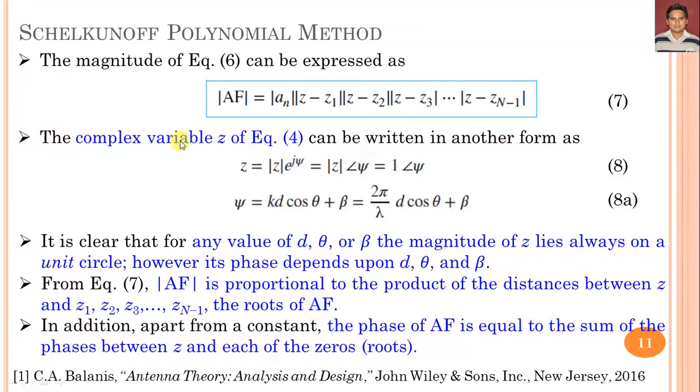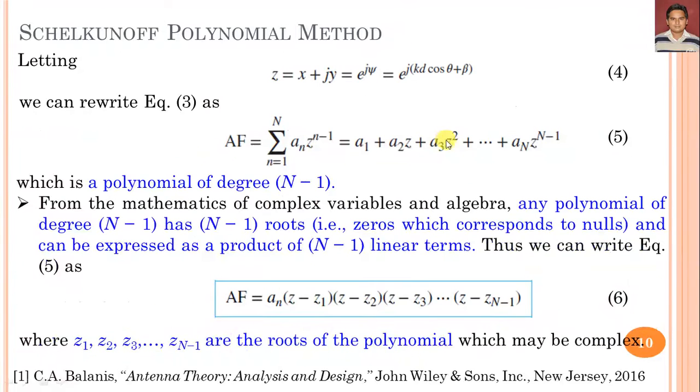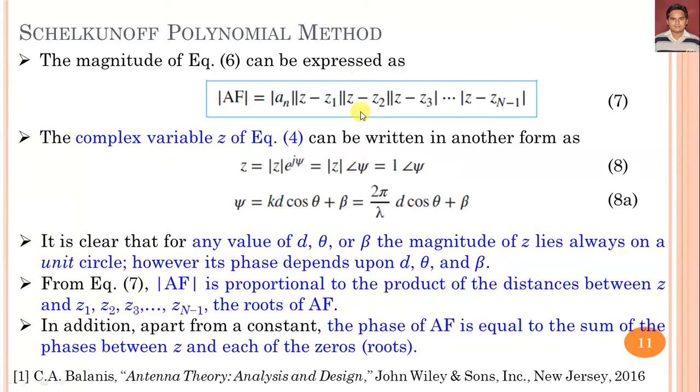So the complex variable z of equation 4 can be written in another form. This is equation 4, so we can take the modulus of z, the modulus of e to the power j psi, which is the modulus of z with angle psi, equal to 1 with angle psi, and the value of psi is equal to kd cos theta plus beta, which is equal to 2 pi upon lambda times d cos theta plus beta, putting in the value of k.